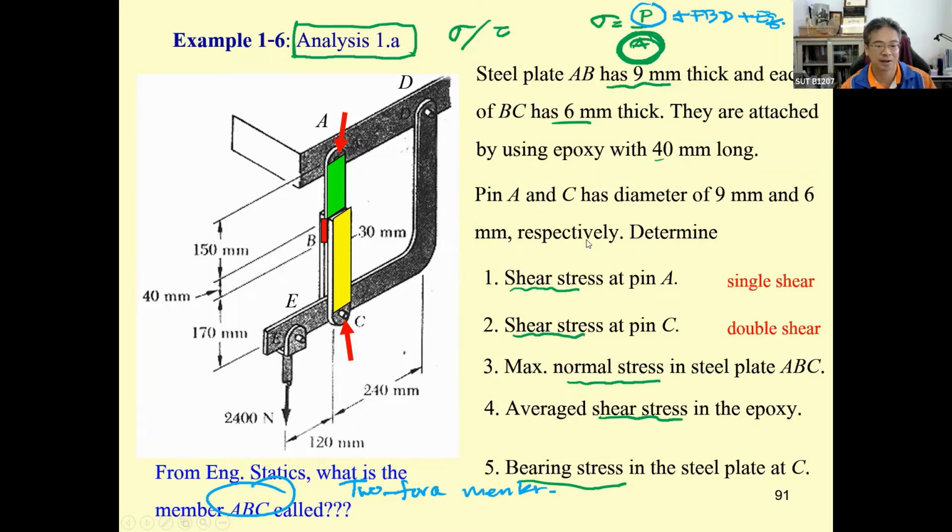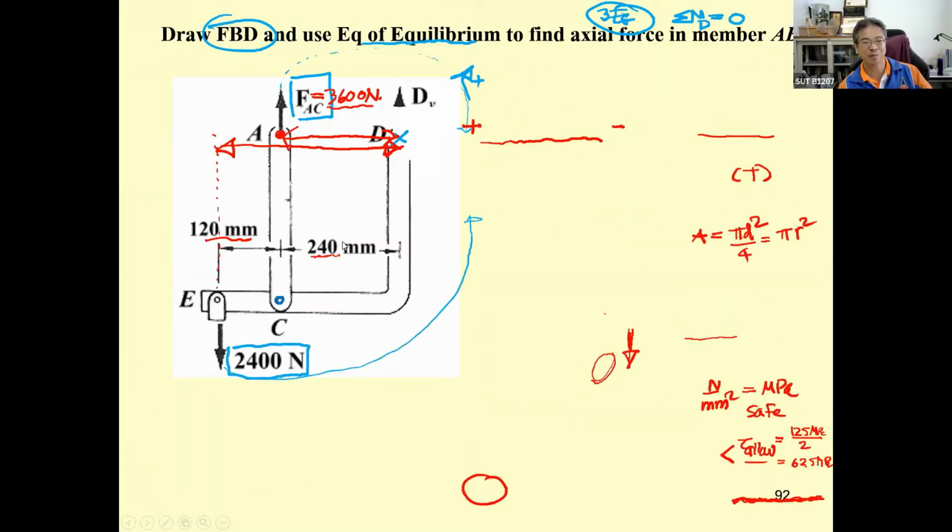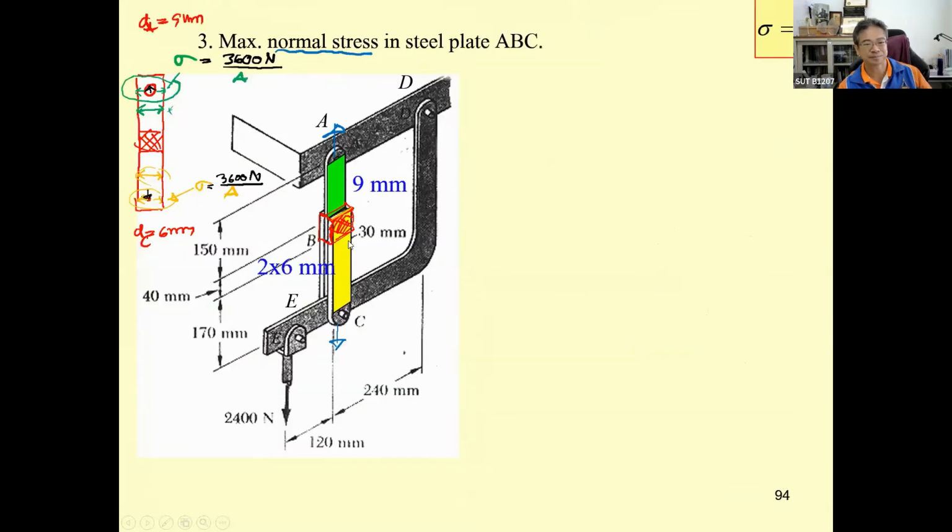What is the width of this one from this problem? Plate AB 9 mm, BC 6 mm, attached with epoxy, determine this one and this one. Oh, this one is 30 millimeter. Okay, it's 30 millimeter. Now we come over here.